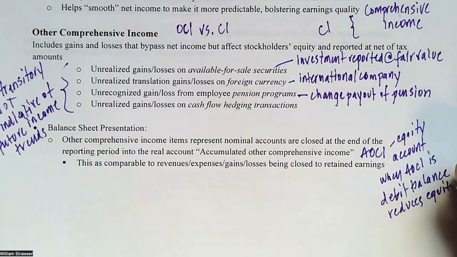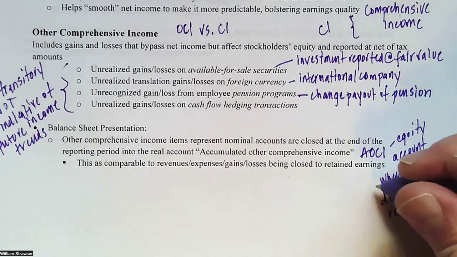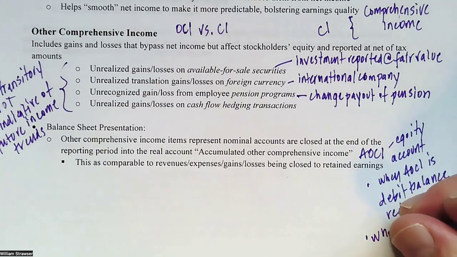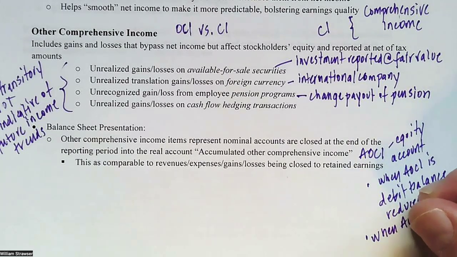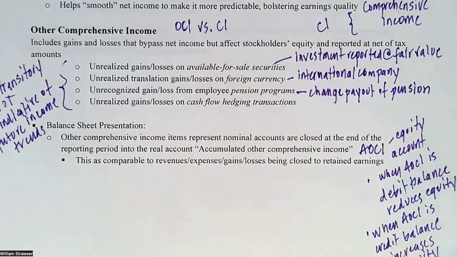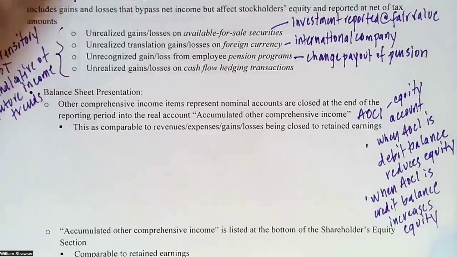So it reduces my E in A equals L plus E. And when it has a credit balance, that means we have more unrealized OCI gains. It increases equity. And as I said, it's very comparable to retained earnings.